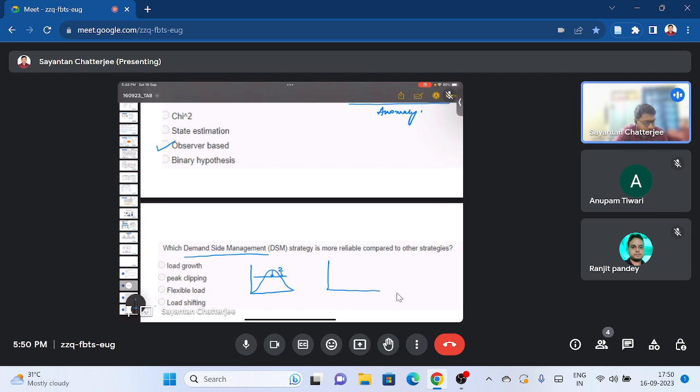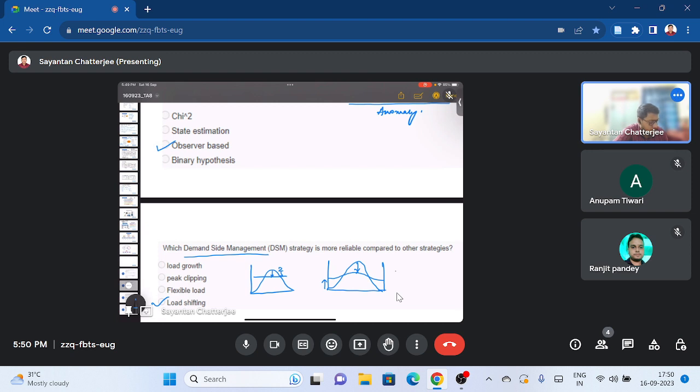Yes, load shifting. Both peak shaving as well as valley filling constitute this. This is the peak shifting part, and if we do peak shifting as well as valley filling, then compared to the normal peak curve, the peak is shifted down and the valley has been filled up.